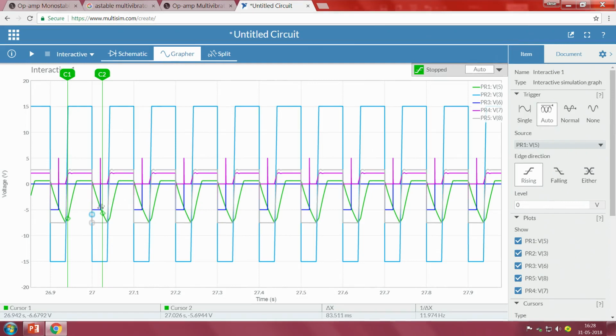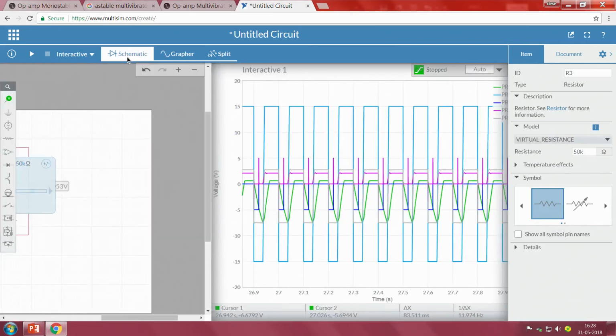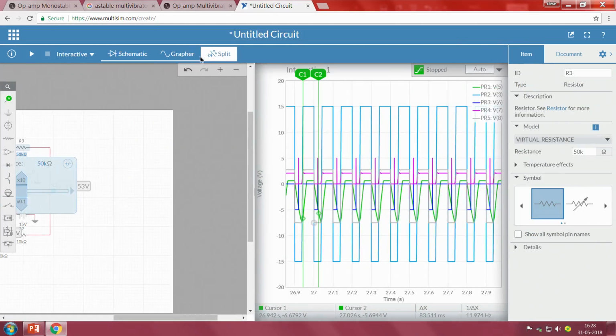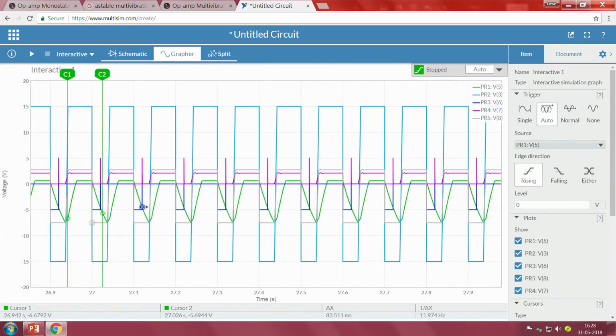So it depends upon when you provide a triggering pulse. If I delay the triggering pulse, or if the frequency of the triggering pulses is a little higher, we will get a different frequency again, right. So it entirely depends upon when you give a triggering pulse.